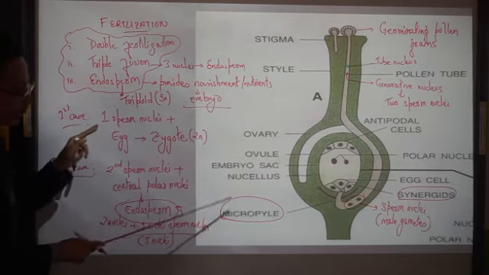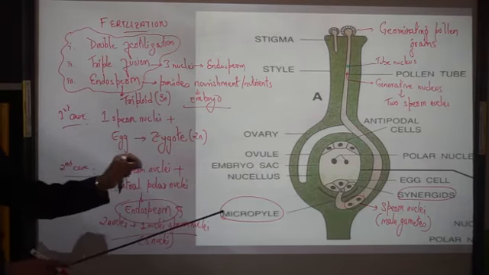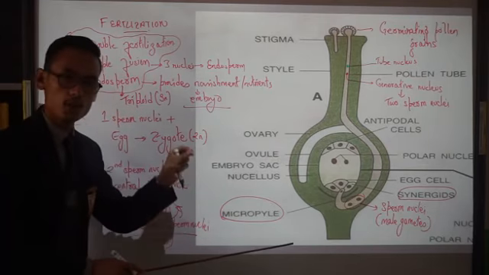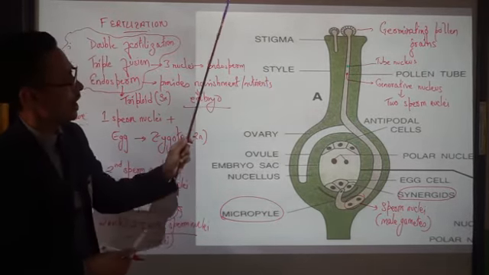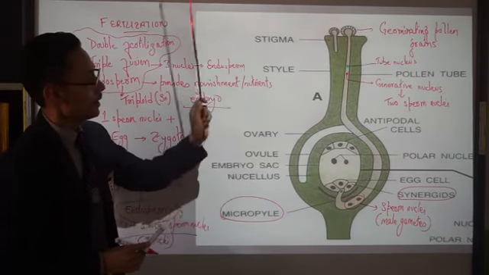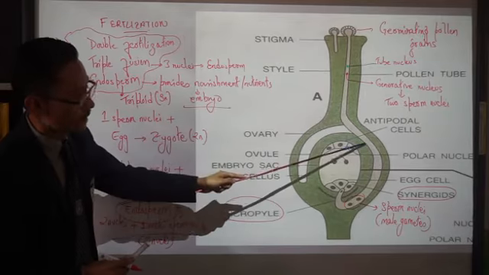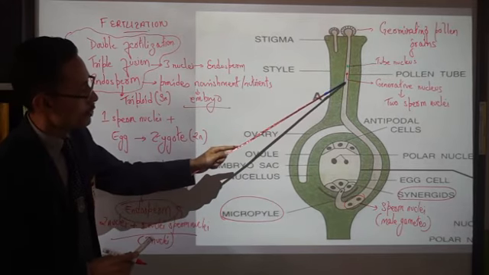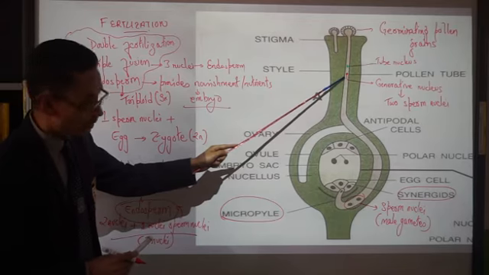Clear? So this is the process or the events of fertilization that occurs in case of flowering plants or the angiosperm. So one more time we have learned that after pollination, when the pollen grain reaches the stigma, it will germinate, it will lead to the formation of the pollen tube, and inside the pollen tube we will find two nuclei, tube nucleus and the generative nucleus.